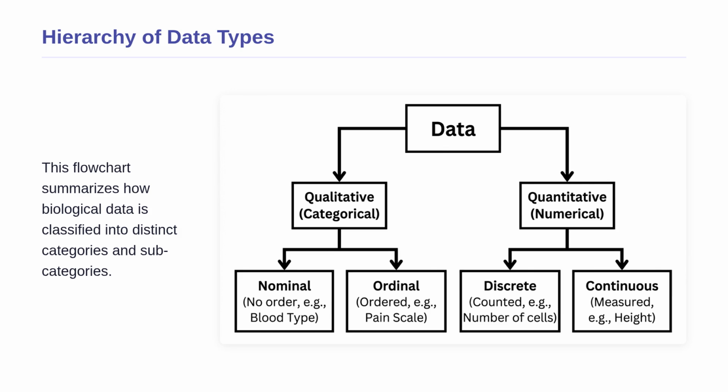Following the right path, data can be quantitative or numerical. This splits into discrete data, which we count in whole numbers, like cells, and continuous data, which we measure exactly, like height. This map guides your entire statistical journey.